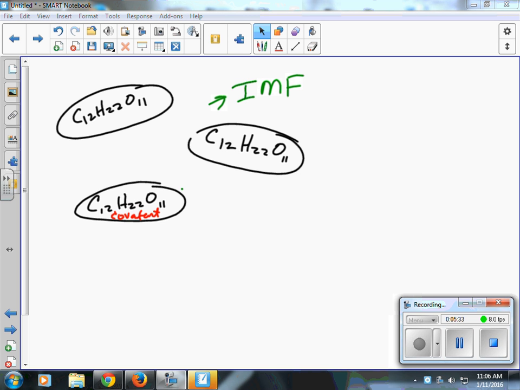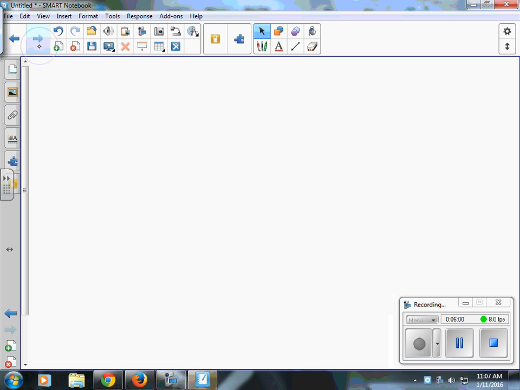Then when we burnt the sugar, what did we do? We broke the covalent bond, and we ended up with black carbon and water. And that's what the vapor was you saw coming up the test tube. Now, what does that tell you about the strength of intermolecular forces compared to covalent bonds? Which one's weaker? Good. That's what I want you to see. Why is that? Because they're not a covalent bond.